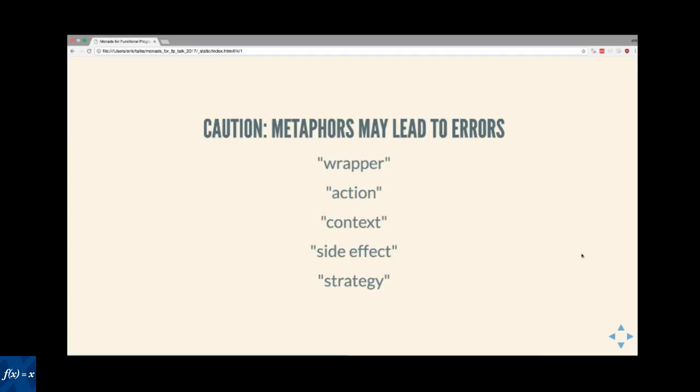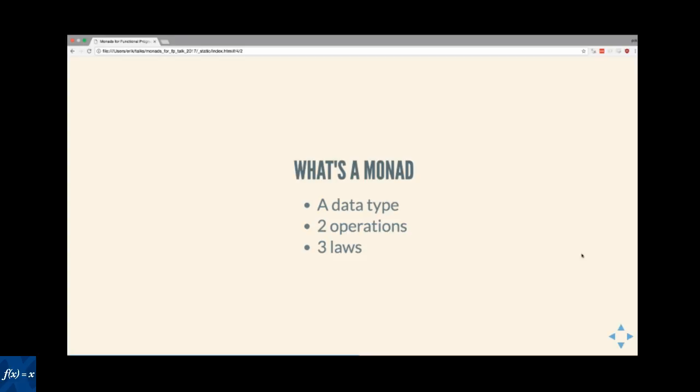The thing, though, is if you use these terms and you assume that this metaphor will give you access to understand or have intuition for all monads, that's going to lead you to a dead end. I know because I've made that mistake, and I've seen a lot of people make that mistake. The only way to understand a monad is to know that it is a data type in addition to another data type. There are two operations and three laws. The reason why we reduce it down to this is that you can implement the two operations for anything.